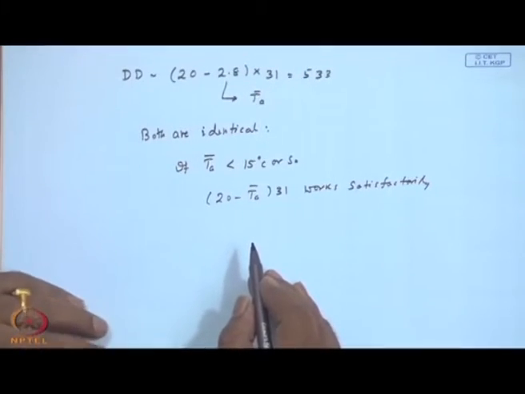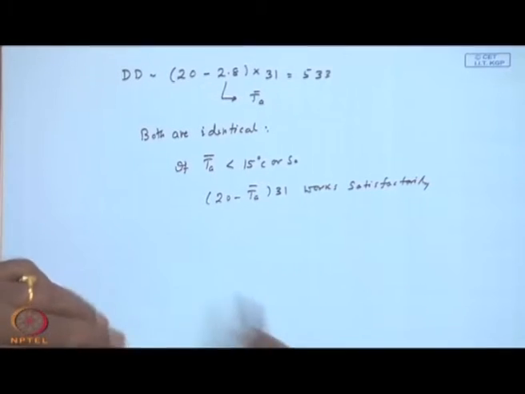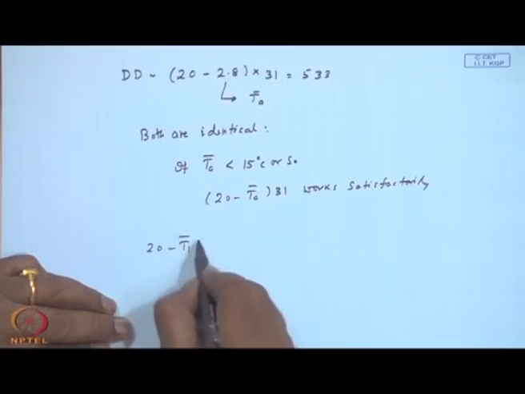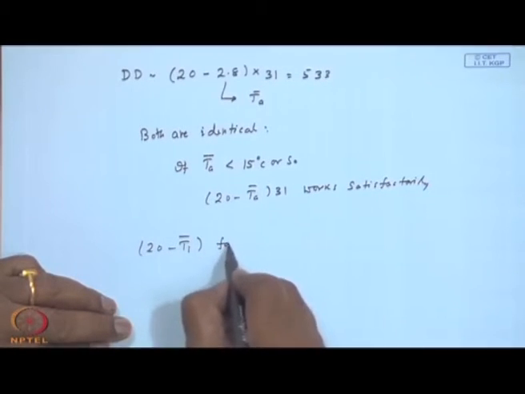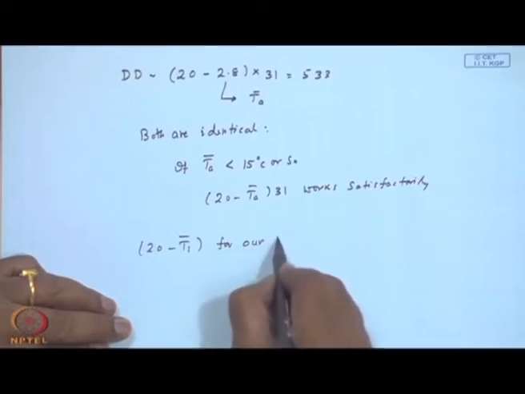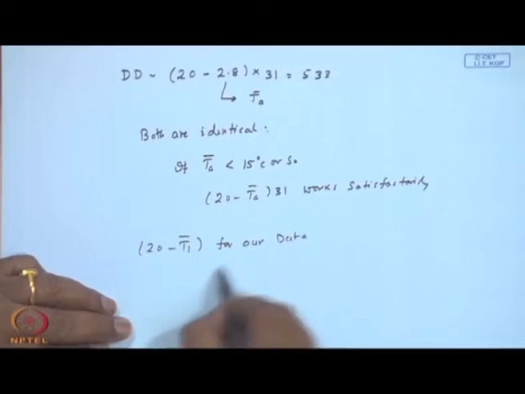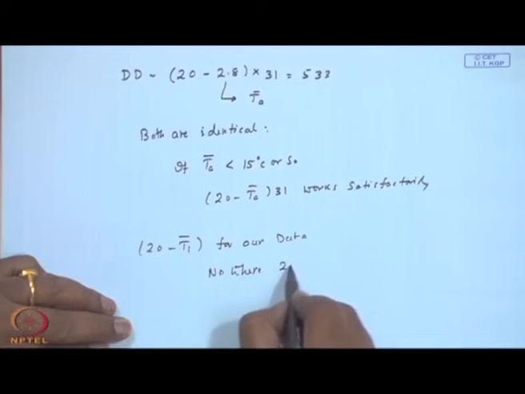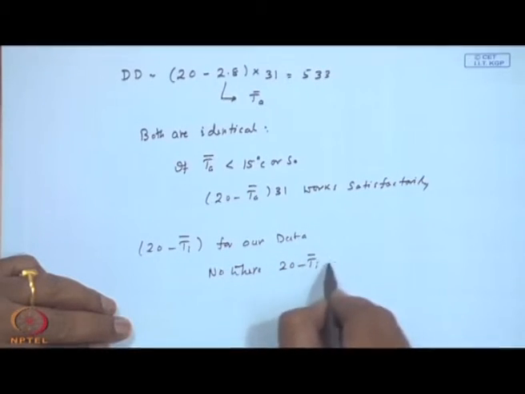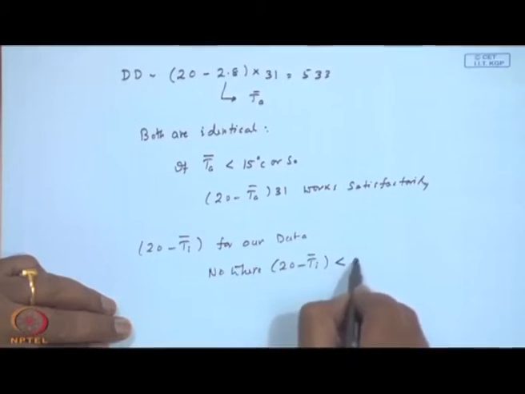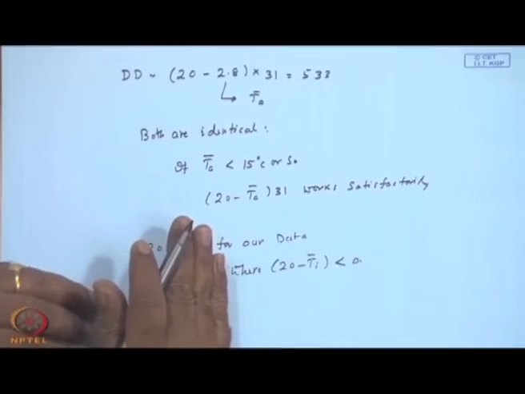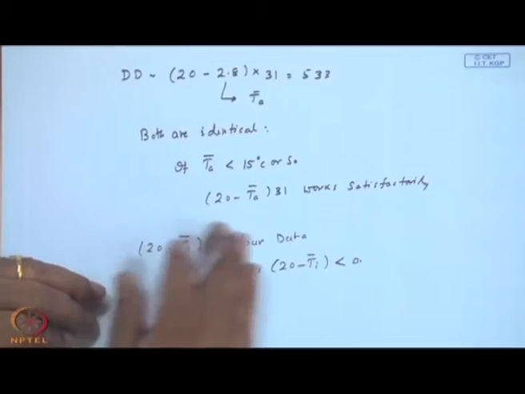Now, if you look at it, this 20 minus T I bar for our data is nowhere less than 0. All temperatures are less than 20. So, the contribution is there for every hour.